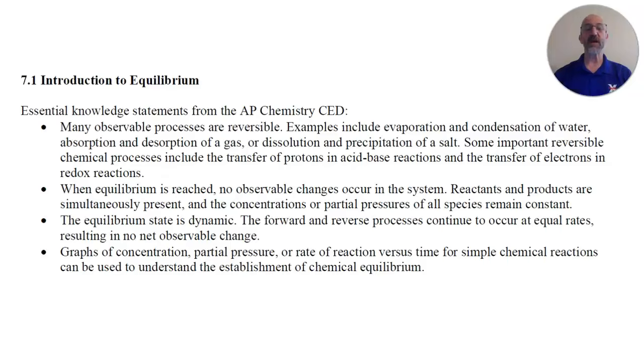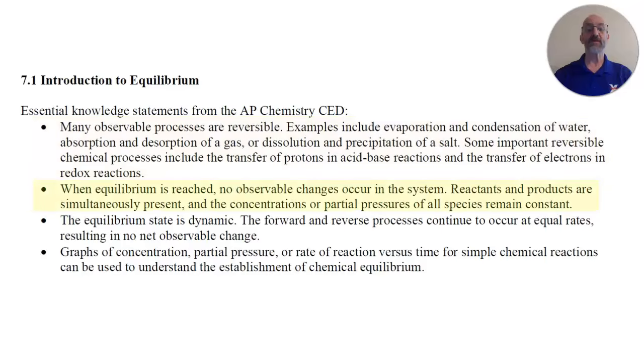Here are some essential knowledge statements from the AP Chemistry course and exam description. Many observable processes are reversible. Examples include evaporation and condensation of water, absorption and desorption of a gas, or dissolution and precipitation of a salt. Some important reversible chemical processes include the transfer of protons in acid-base reactions and the transfer of electrons in redox reactions.